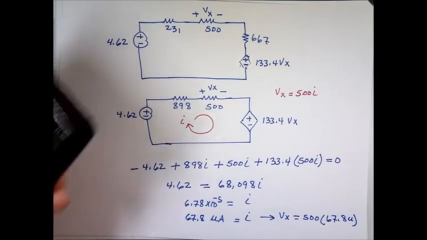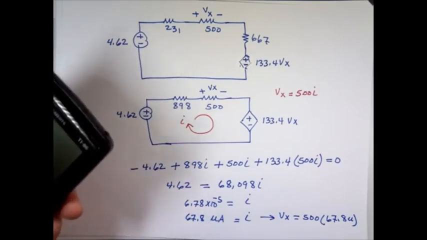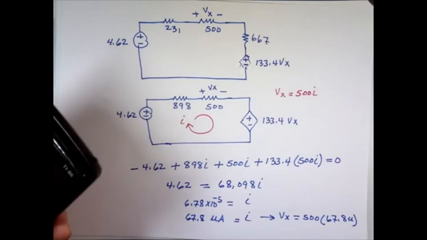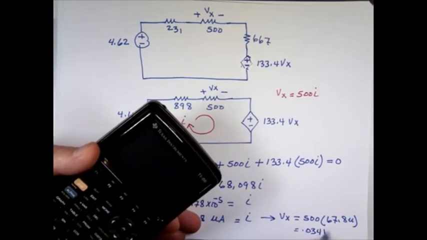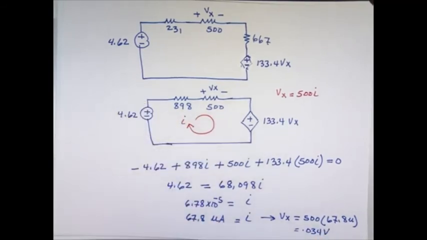And we got what? 0.034. Tiny voltage. Not a bad way of doing it, actually.